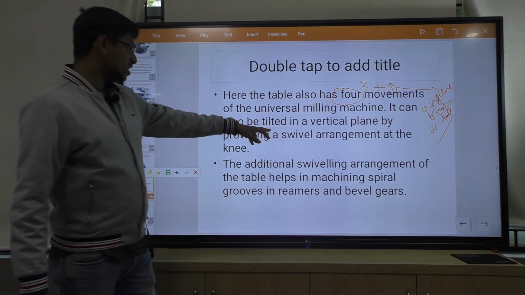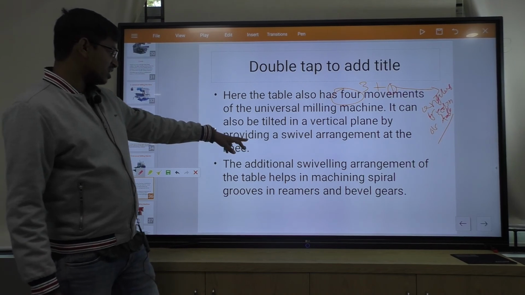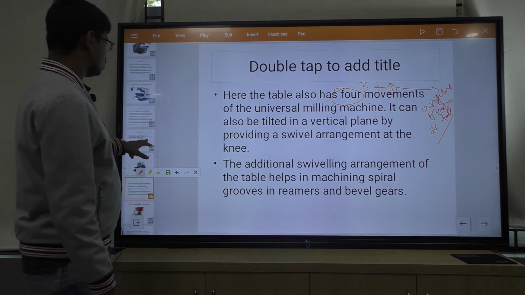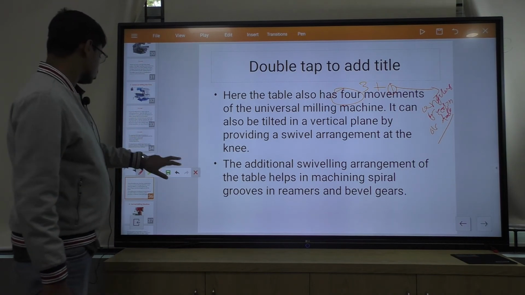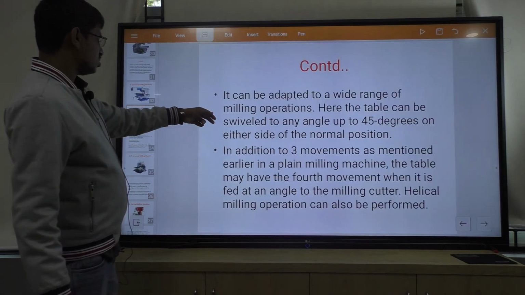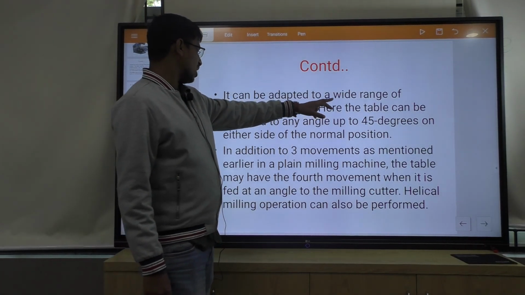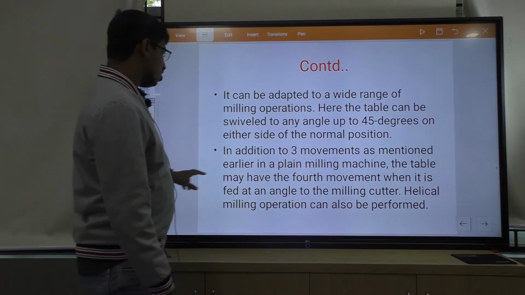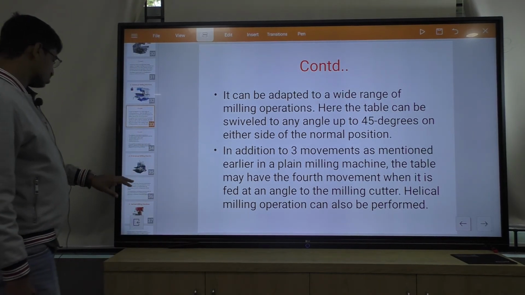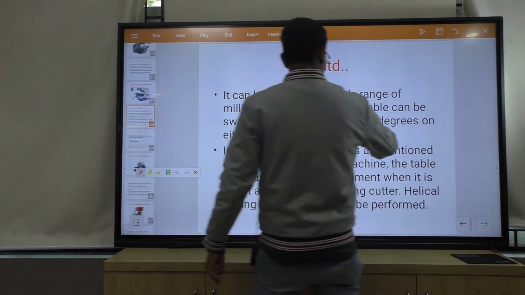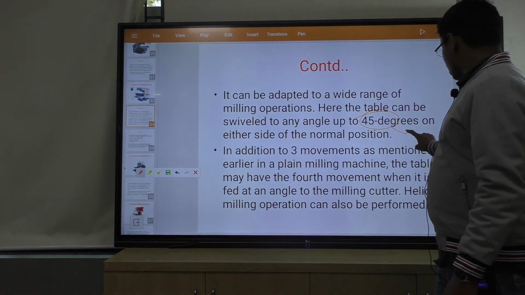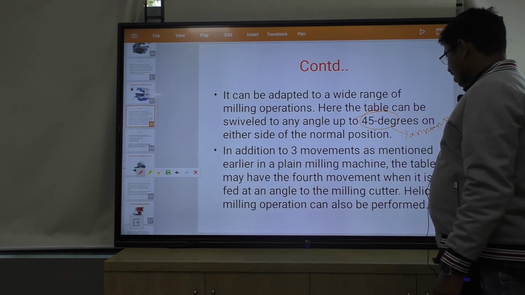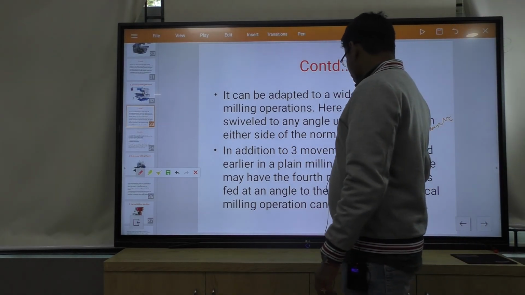It can also be tilted in a vertical plane by providing a swivel arrangement. It can be adapted to a wide range of milling operations. Here the table can be swiveled to an angle up to 45 degrees on either side of the normal position.